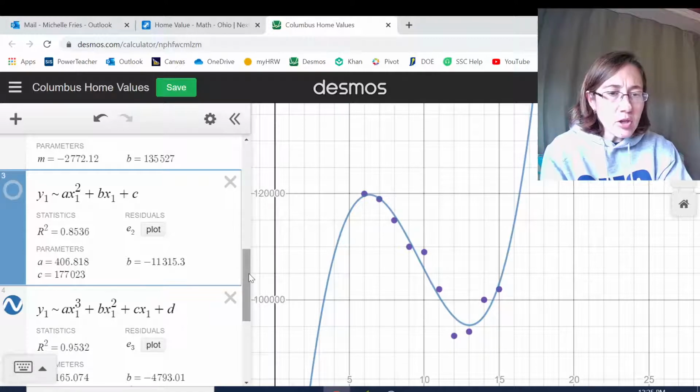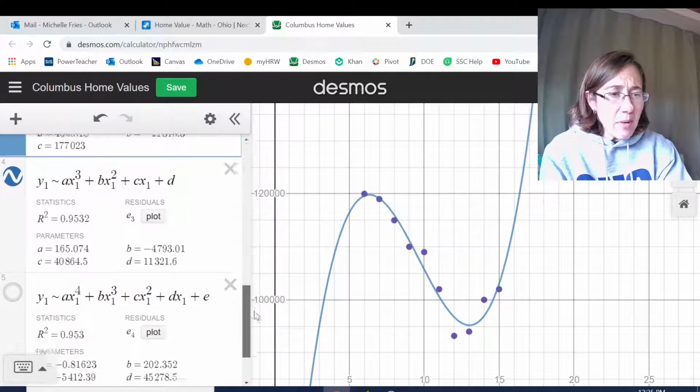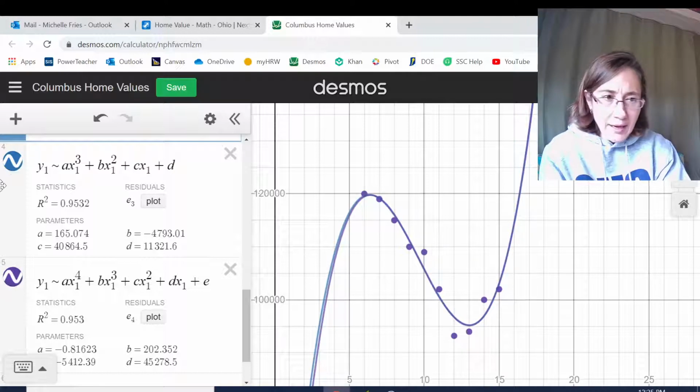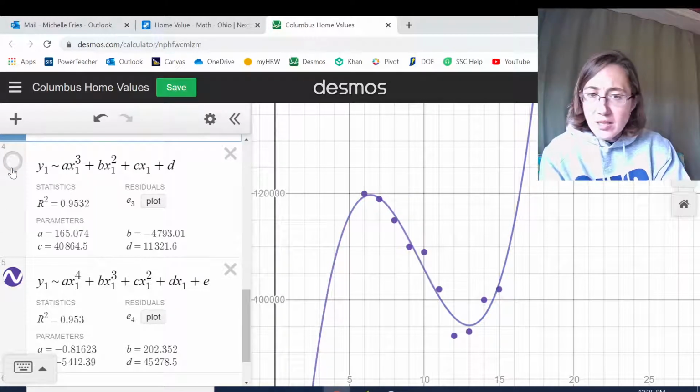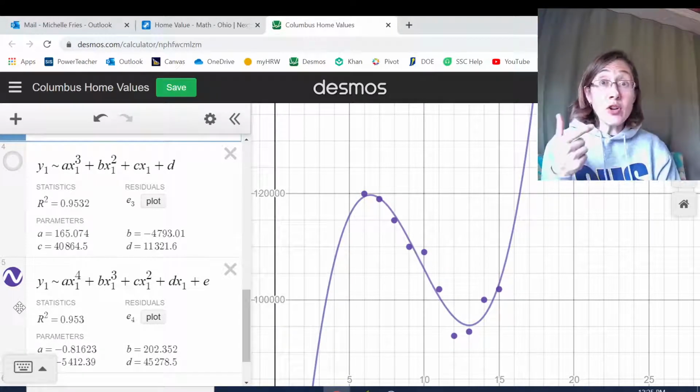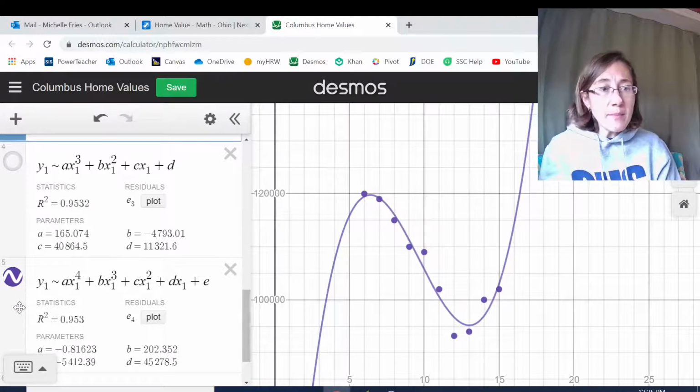But maybe I should use a higher polynomial. So I went ahead and typed in an x to the 4th polynomial here. So I'm going to turn that one on. And it actually looks almost the same. So there's the purple one. That's the one with the 4th power. It looks almost the same. And when I first looked at this one, I was like, uh-oh, something's wrong.